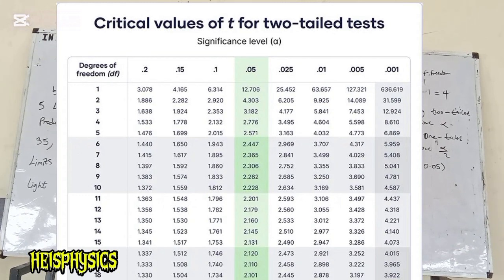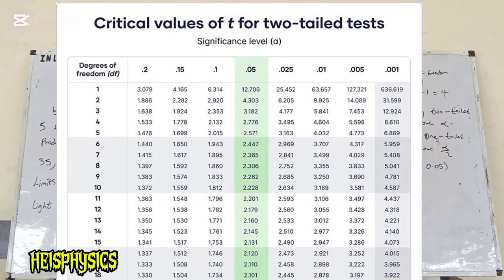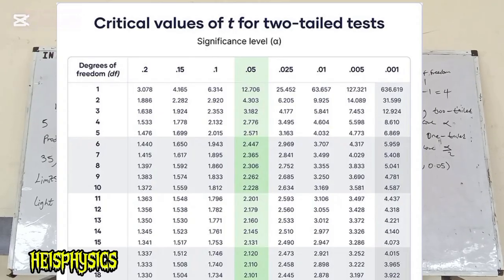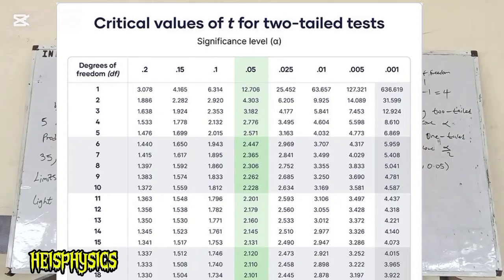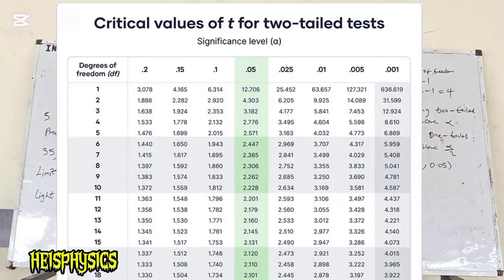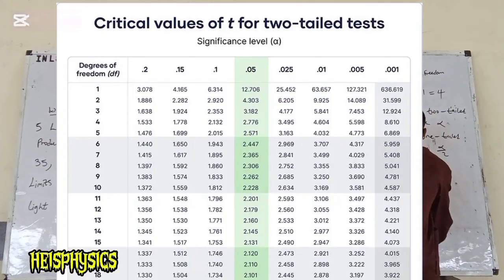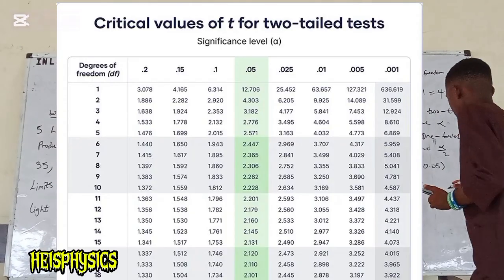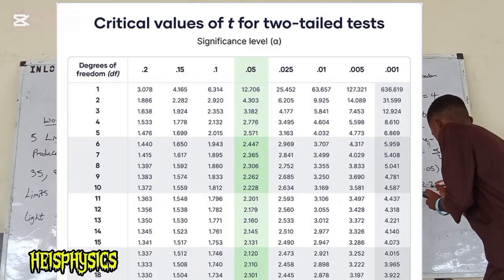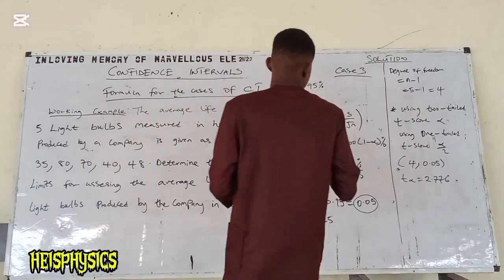The value is what? 2.776. So 4 go to 0.05, 2.776. So our t-score finally is what? 2.776. This is our t-score. We have found our t-score.